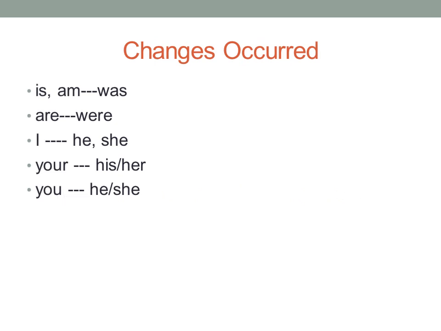Before I step into an example, I would like to invite your attention to this particular screen, and you please read in your mind what are the changes that can be seen in the particular auxiliaries. You see, is, am in direct speech changes as was, or probably it becomes were.